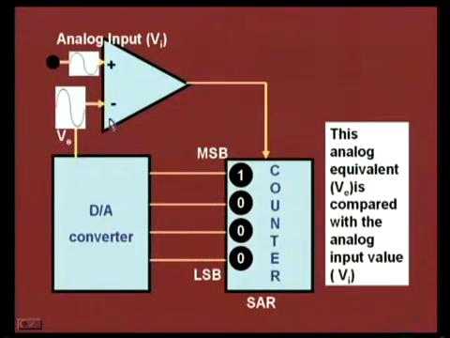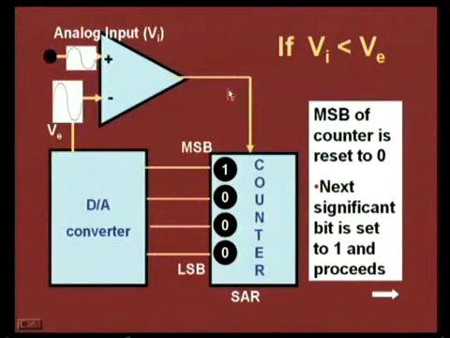What you do next is compare this analog equivalent with the analog input value Vi. Vi is the actual input that we have given, and Ve is the equivalent value of the digital value. These two are compared, whether this is high or this is high. The comparator takes the decision, and based on which one is greater, we proceed differently.